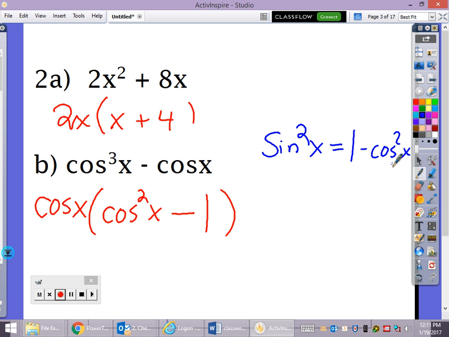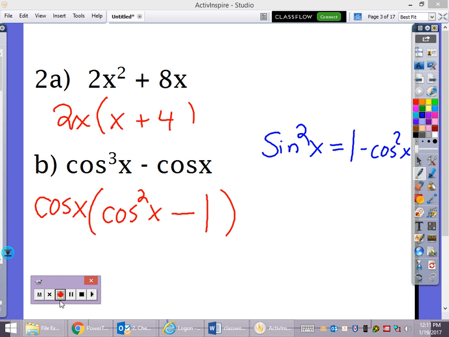First of all, I heard a bunch of different things called out. You need to remember, inverses, reciprocals, reflections, those are all different things. The inverse of sine is sine to the negative 1. The reciprocal of sine is cosecant, okay?